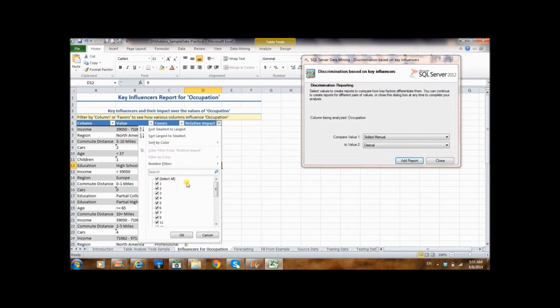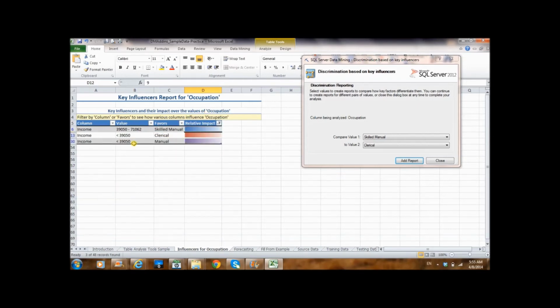In our previous example, if you want to see the most determining factors for certain types of jobs, you can find that income less than 39,050 is very likely to indicate the person can be clerical or manual, and it is also the most determining factor for both the clerical and the manual types of jobs.